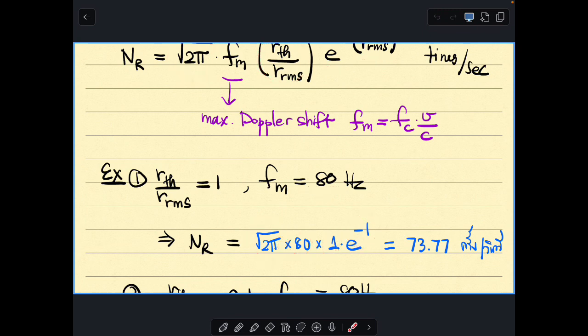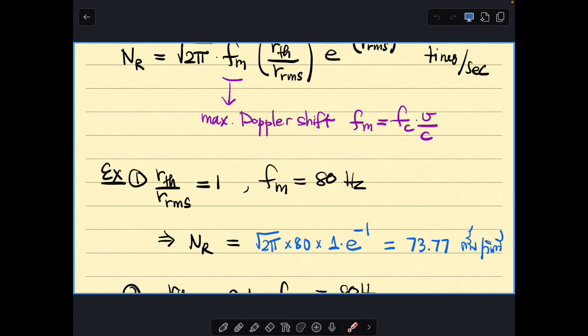You can compute this, and the answer is 73.77. So what is this? This is the number of times that the channel is going to dip below the threshold, 73.77 times per second.